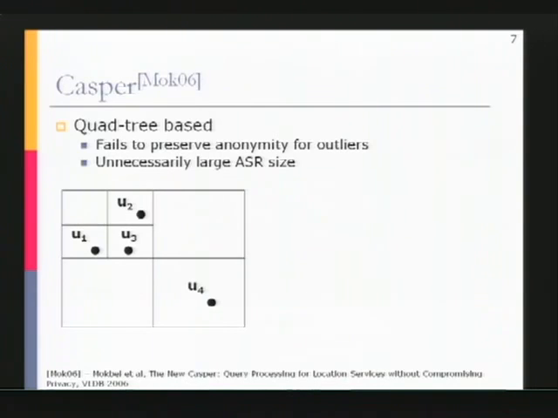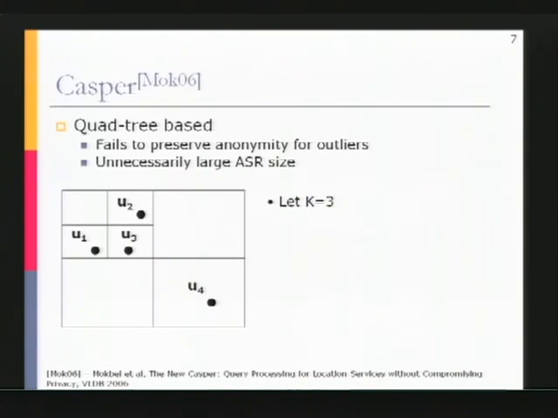How is anonymization performed? Whenever a query arrives at the anonymizer, the algorithm will search for the lowest level quadrant in the tree, which contains the query source, as well as k-1 other users. So this is performed in a bottom-up fashion. And let's see an example. Again, let's assume k equals 3.